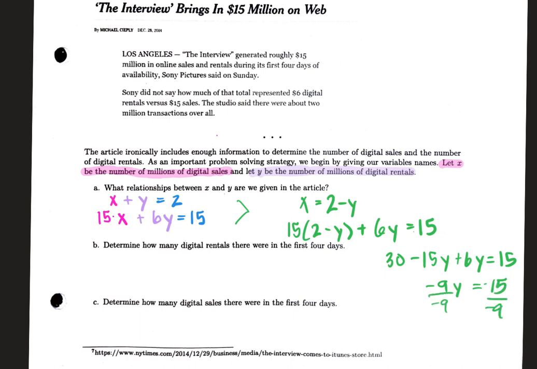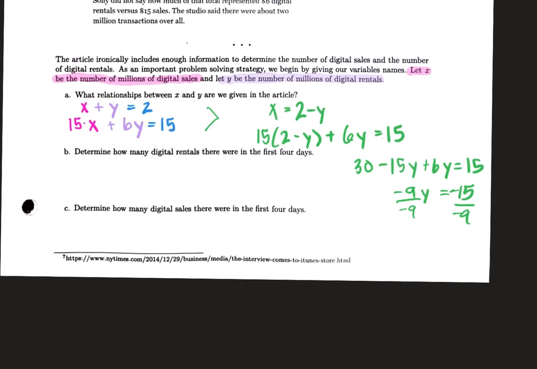Divide both sides by negative 9, and we get y equals negative 15 divided by negative 9, which is roughly 1.67. I'm going to round it there. That's a good enough rounding. So that's 1.67 million digital rentals.